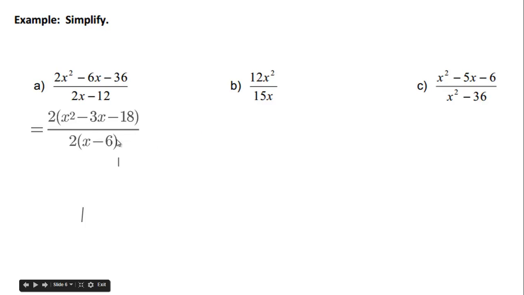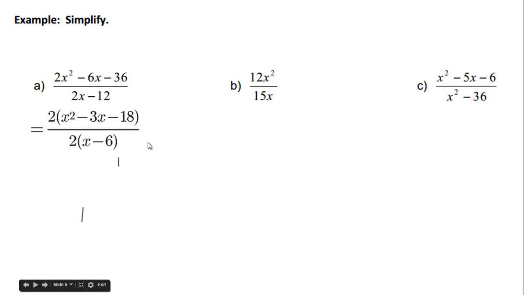The common 2 makes that x squared minus 3x minus 18. And the common 2 in the bottom, when you take it out, makes 2 bracket x minus 6. That way, when we factor the trinomial here, we're dealing with a simple trinomial, not a complex trinomial.